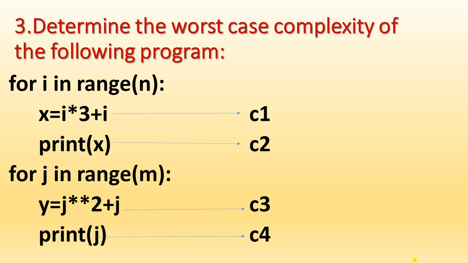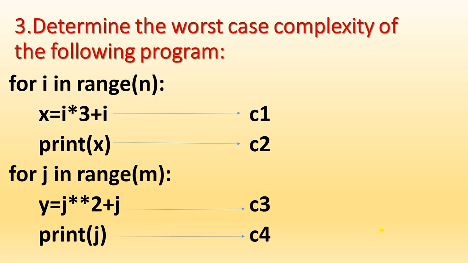Calculating average case complexity is difficult, it will take more time and the number of iterations also increases, and it will not give you the correct complexity. That's why we will not calculate the average case complexity. Generally we calculate the complexity of the worst case. So here in this question also it is asking about the worst case complexity of the following program.